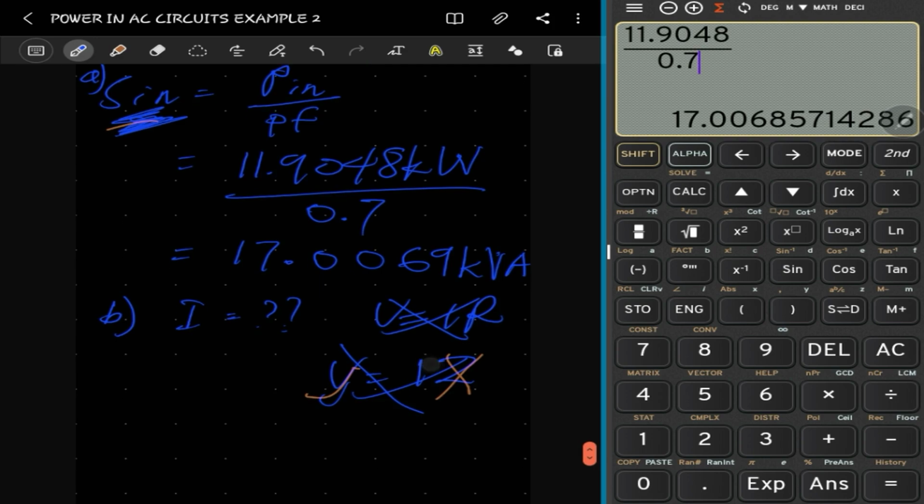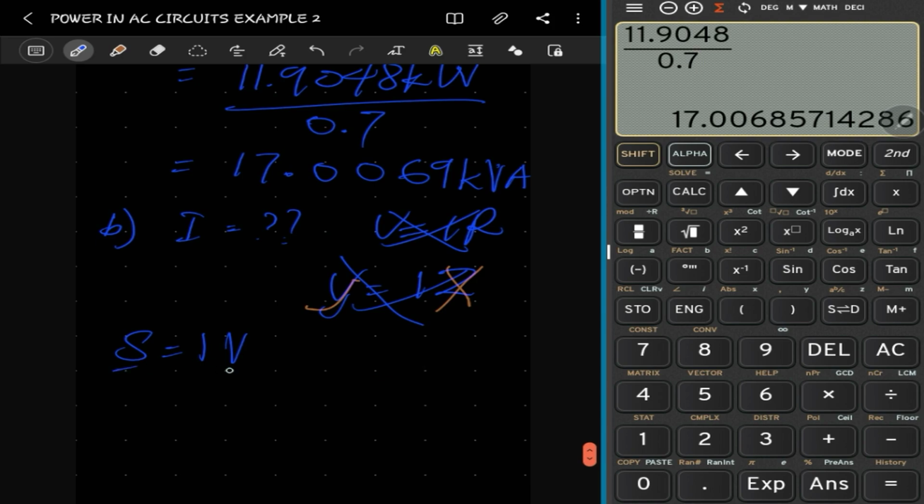We know S is equal to, if we are using the RMS values, just IV, right? But we have S, we have the input voltage as well. You must know what you have to get what you want to get. So we have S input as well. That means we can find I, and that will definitely be our I input.